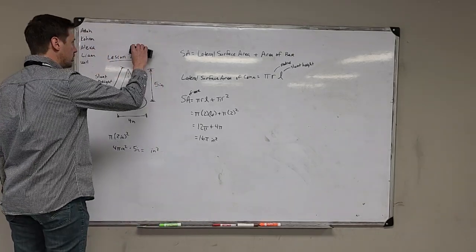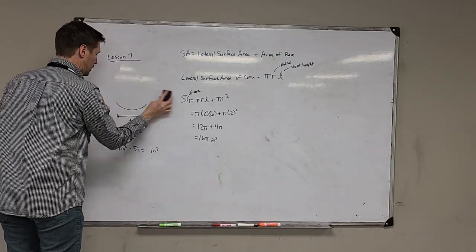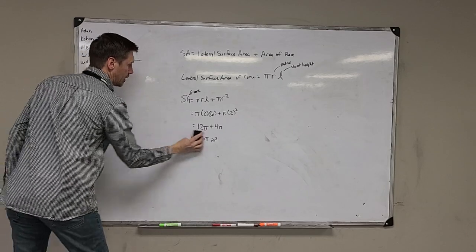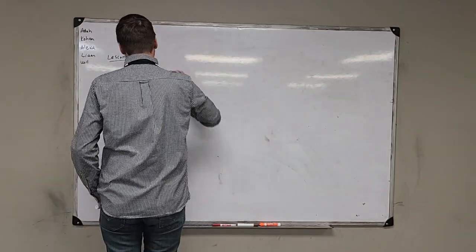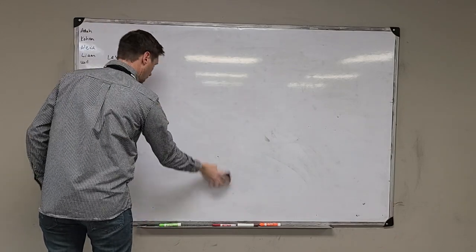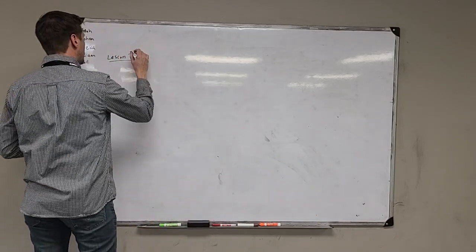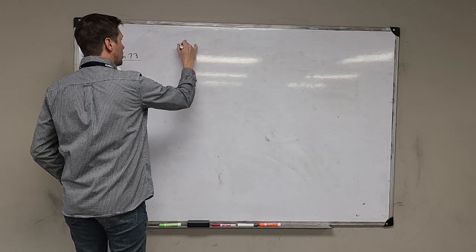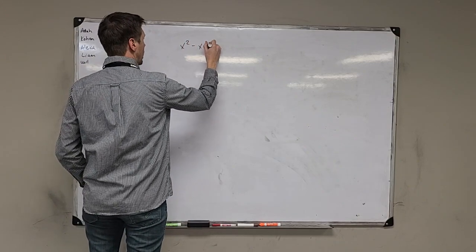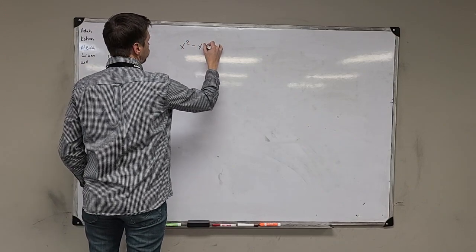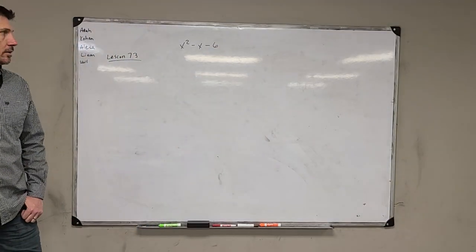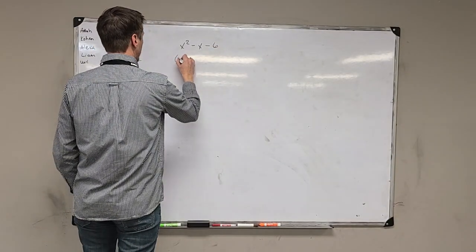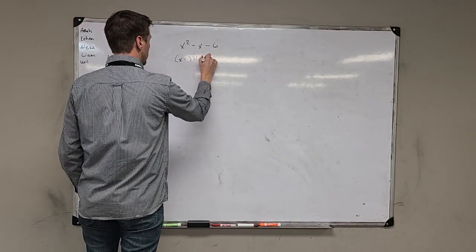We've learned how to factor trinomials. So lesson 73. We know how to factor trinomials. We know how to do something like this. That, right? We can just say this is x minus 3 times x plus 2.